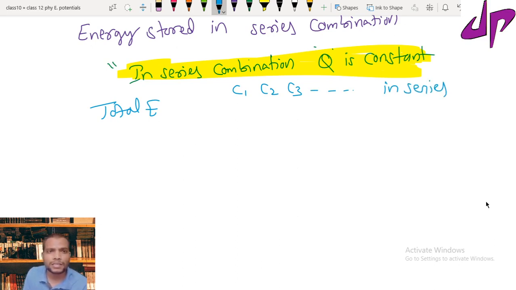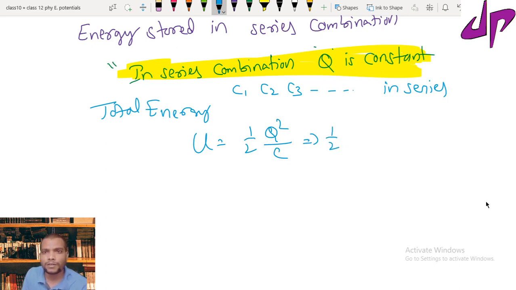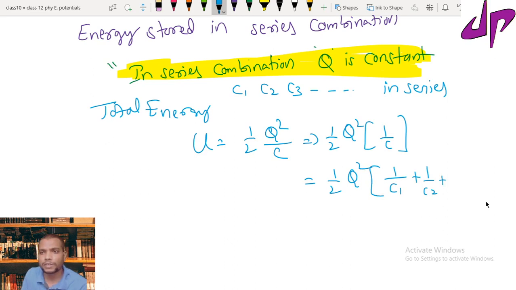If you connect in series, the total energy, capital U, you can write in terms of half Q square by C. In the place of 1 by C, I can write half Q square upon 1 over C. So 1 over C is nothing but the capacitance in series: 1 over C equals 1 over C1 plus 1 over C2 plus and so on 1 over Cn, if they are connected in series.